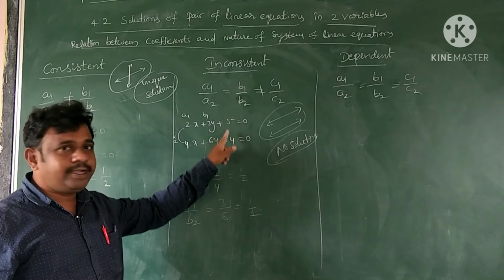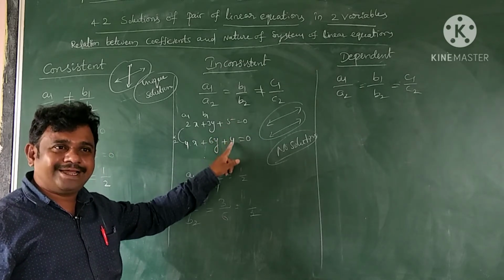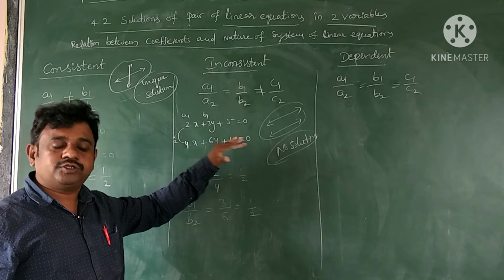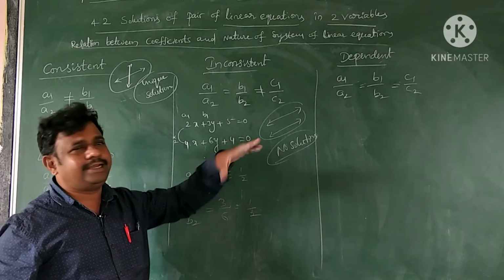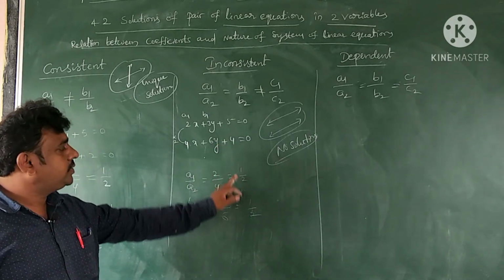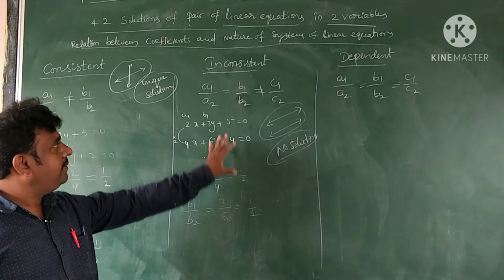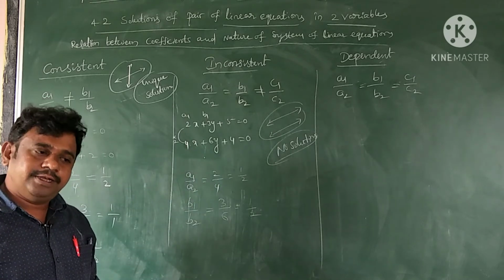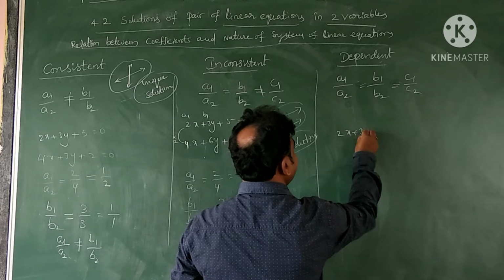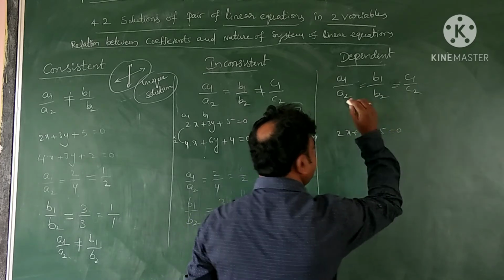But we cannot write double for the 5. It must be another number which is not 2 into something. This is an inconsistent pair of linear equations.